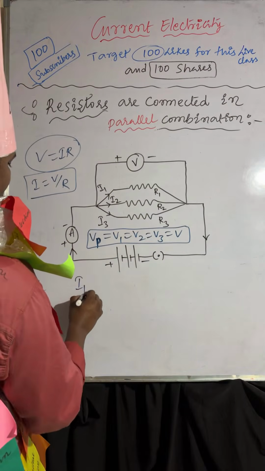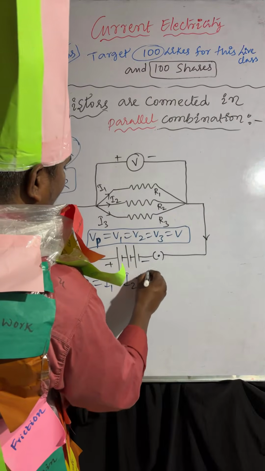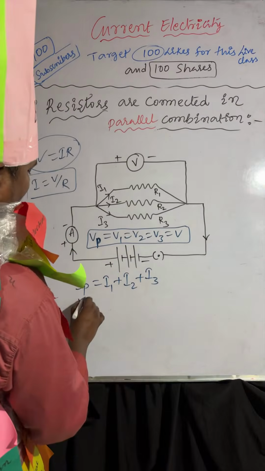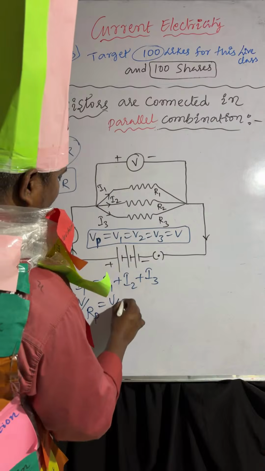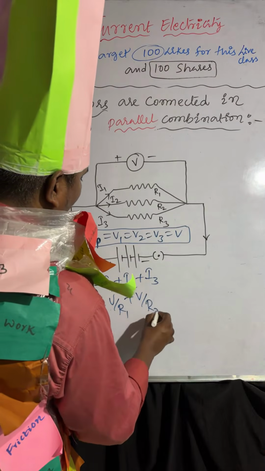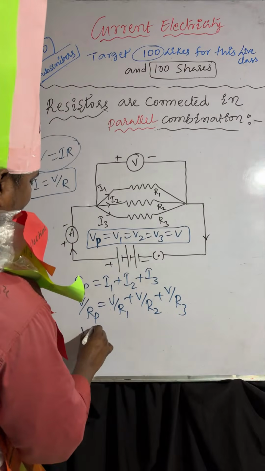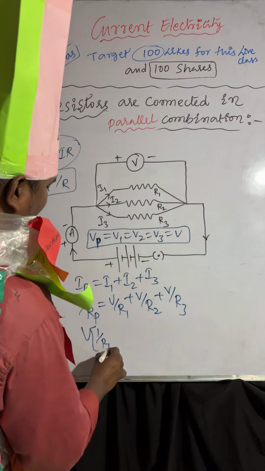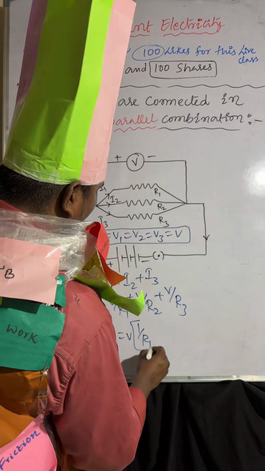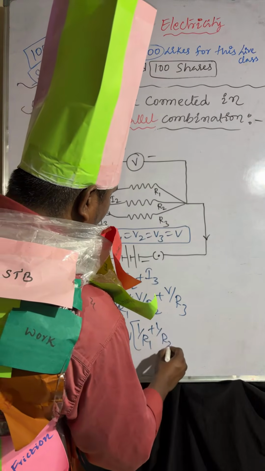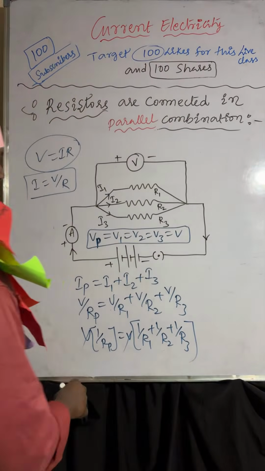Now Ip equal to I1 plus I2 plus I3. That is nothing but V by Rp equal to V by R1 plus V by R2 plus V by R3. Taking V common, 1 by Rp equal to V times (1 by R1 plus 1 by R2 plus 1 by R3). Then V will get cancelled.